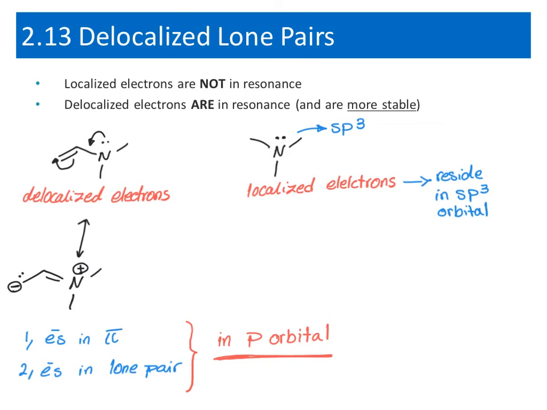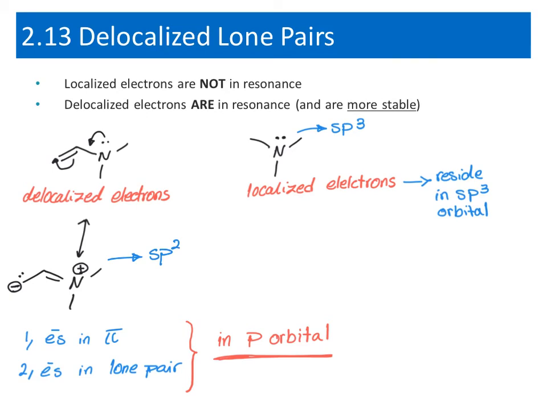because these lone pairs are participating in resonance, they must be in a p orbital, meaning that the hybridization on this nitrogen is sp2.